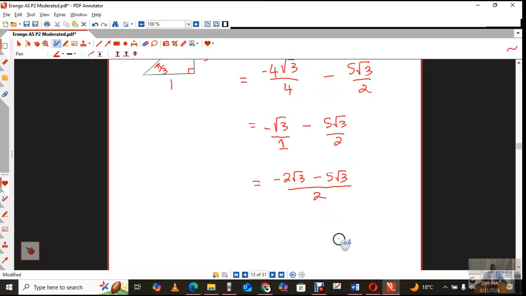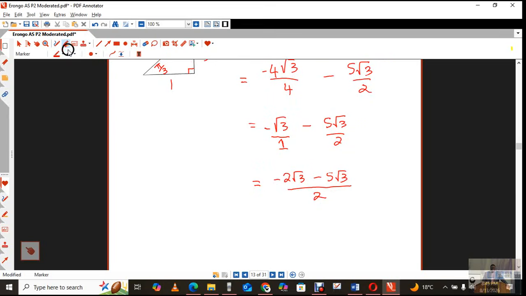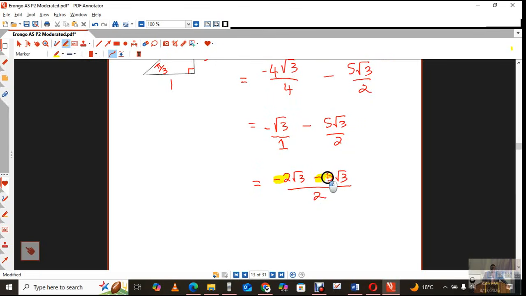And then the root 3 is there, you can think of them as operators, so I'm just going to subtract: negative 2, negative 5. So at the end of the day, I have negative 7 root 3 over 2. That is the solution to all of that. And you can see its gradient is negative.